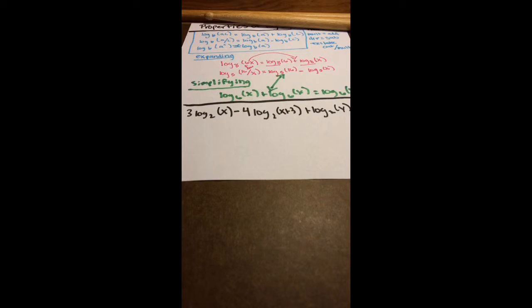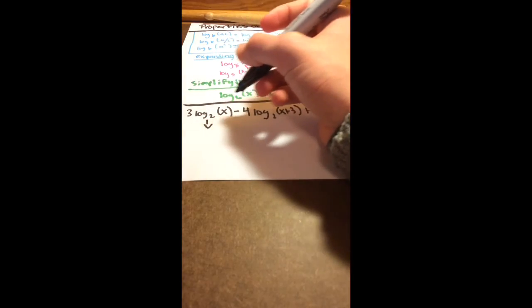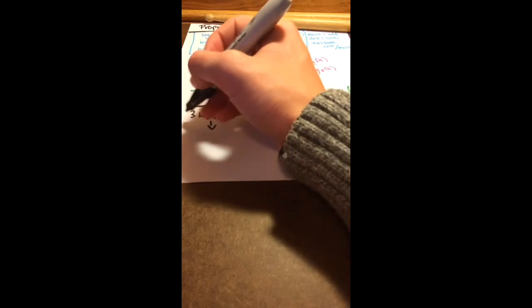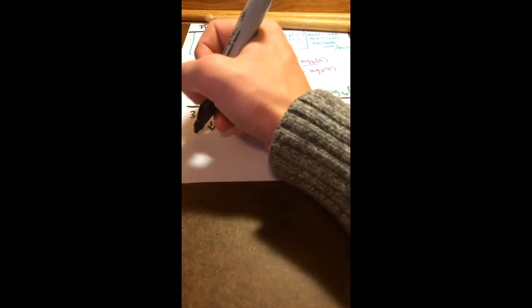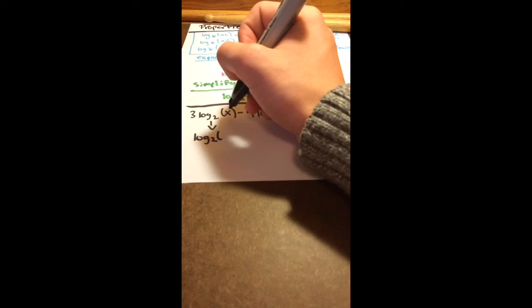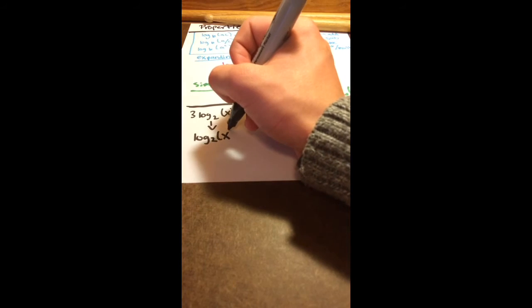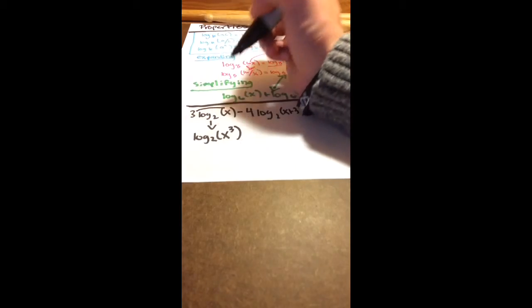Let's start off with this one little part right here, this 3 log base 2 of x. We've got our 3 here, so we're going to put it into our logarithm, so we're going to say log base 2 of x to the third, right? We're just taking this 3 and putting it right here on the x.